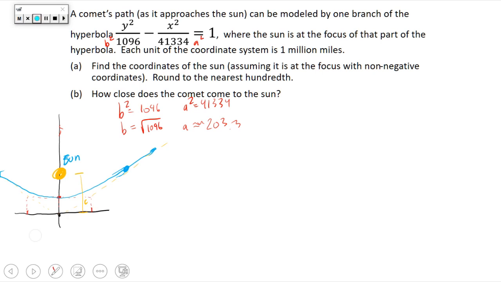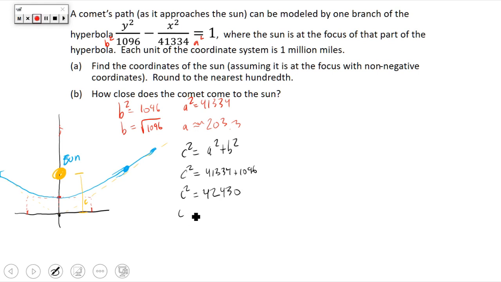So for a hyperbola, c squared is equal to a squared plus b squared. So c squared is equal to 41,334 plus 1096. C squared is equal to 42,430.